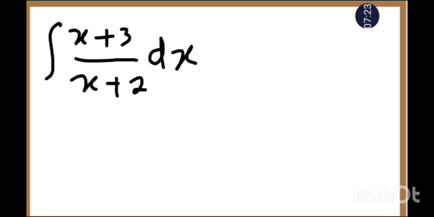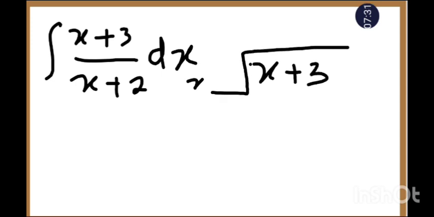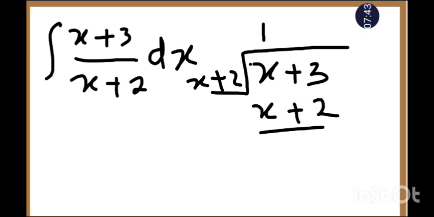Now, if I want to use long division, I will say x plus 3 I divide by x plus 2. How do you divide? x divided by x is 1. You have 1 times x is x here, 1 times 2 is 2 here. x minus x is 0, 3 minus 2 is 1.